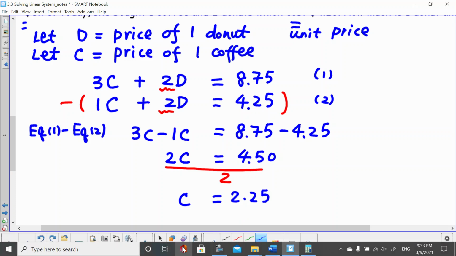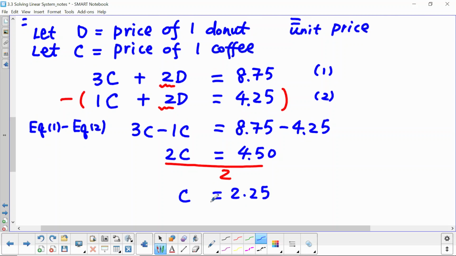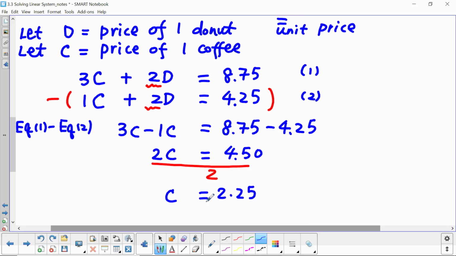This is unit price for 1 coffee. Then we need to find the price for 1 donut. You could substitute this C value into equation 1 or equation 2. So equation 2 seems easier, so we are going to sub.